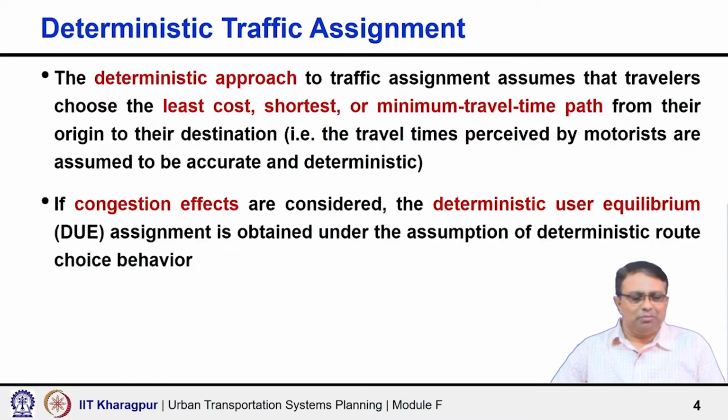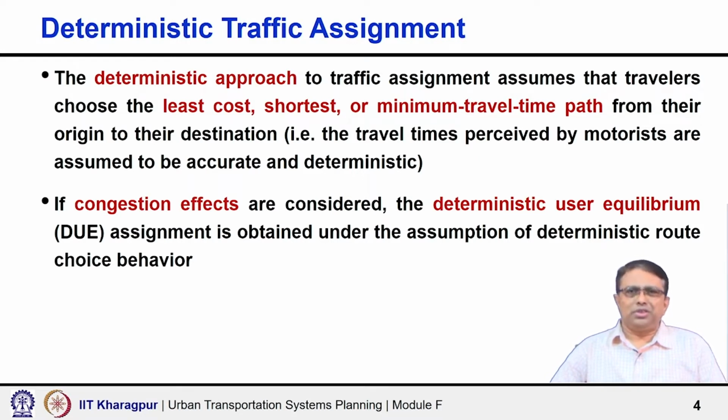We shall discuss what we mean by this and also take an example, but let me first tell you a little more about deterministic traffic assignment. This deterministic approach assumes that travelers choose the least cost, shortest, or minimum travel path from their origin to their destination.